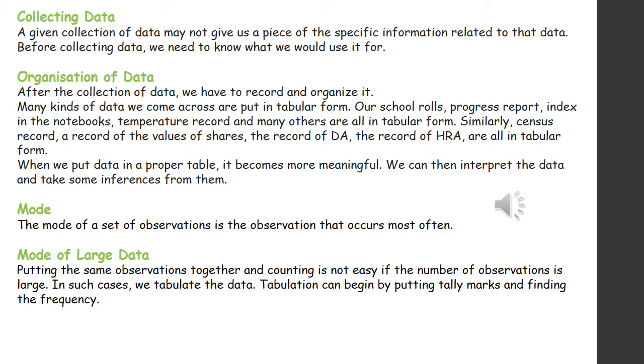Now, whenever we put all the data in a proper table, it becomes more meaningful and more useful. We can then interpret the data and take some inferences from them.